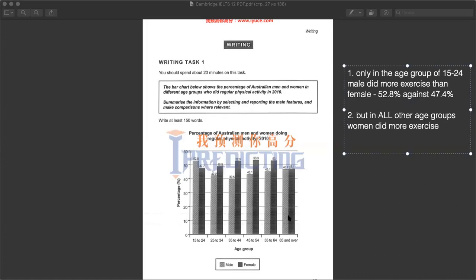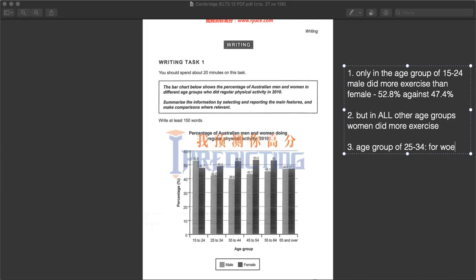You look at the chart and you see this. It's really easy to see. What else can we say? We see the difference in percentage in the age group of 25 to 34. I'll write the percentage.